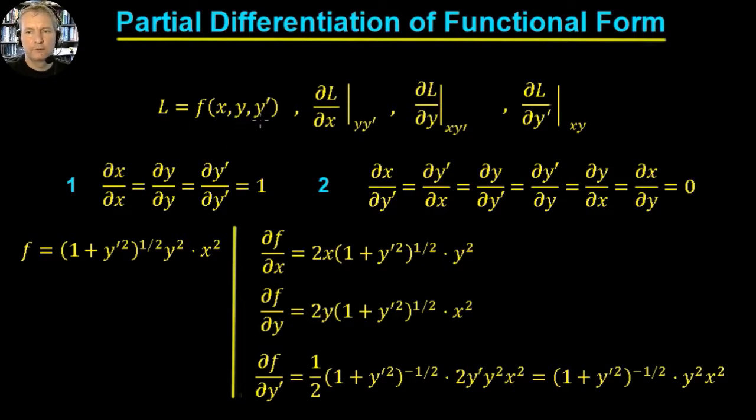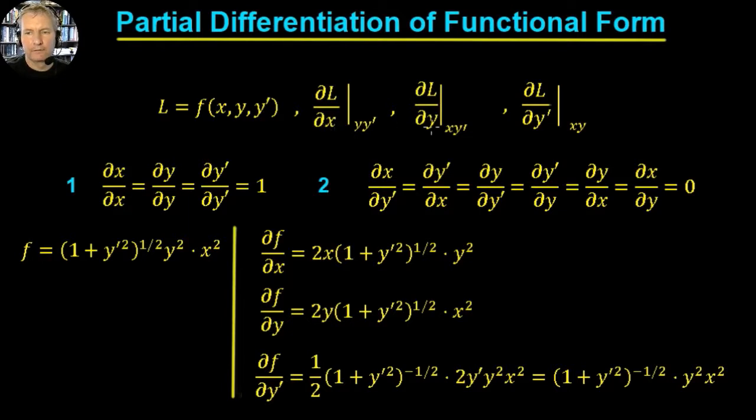So it means that if we were to look at all of the differentiation here, we're going to have 9 values. So for example, if we look at partial by partial x, it's going to be partial x by partial x, partial y by partial x, partial y derivative by partial x.